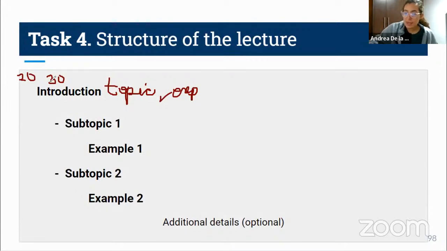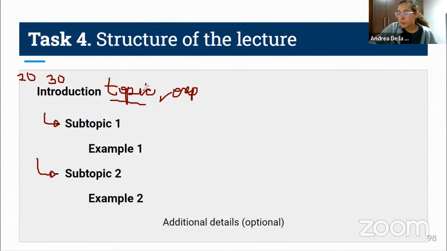Okay, guys? And then here's the most important part. Every single time, this topic, let's say pollution, will be divided or broken down into 2 different subtopics, 2 different unities, 2 different ideas.